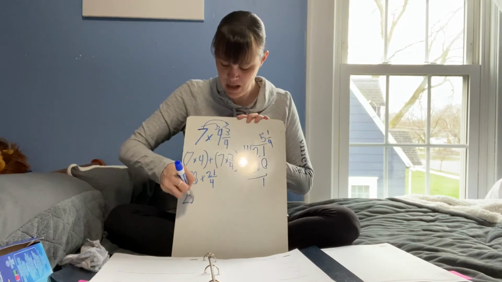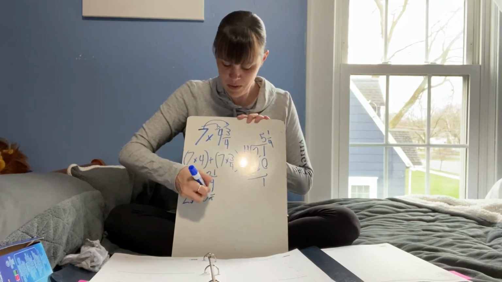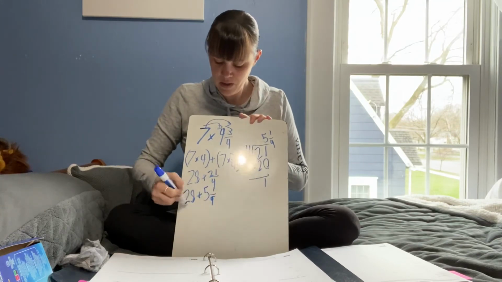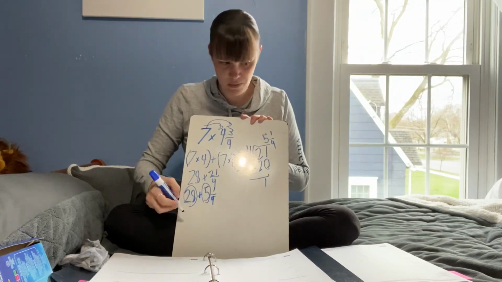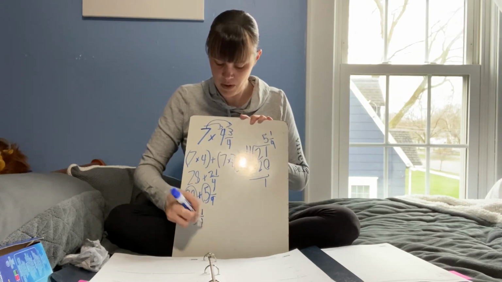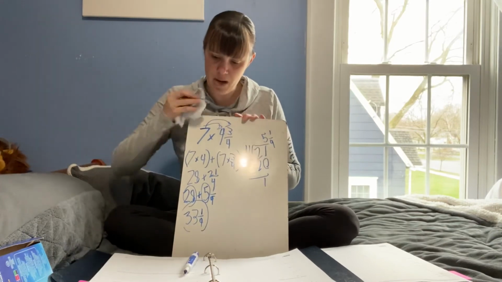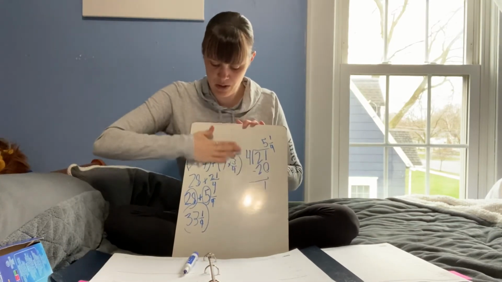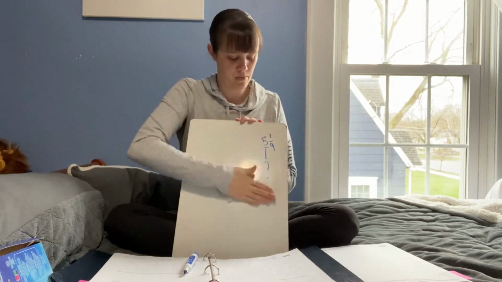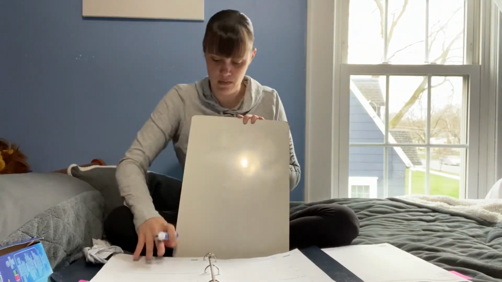So 28 plus 5 and 1/4. 28 and 5 would be 33 and 1/4. There's my answer. So then you have your answer statement. How many bones did Windsor eat that week? Windsor ate 33 and 1/4 bones each week, or for a week.